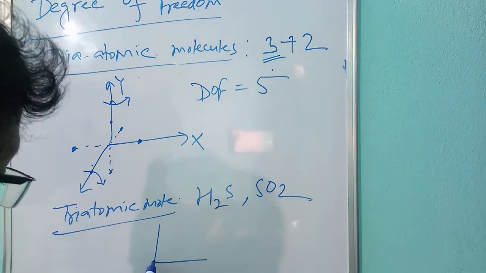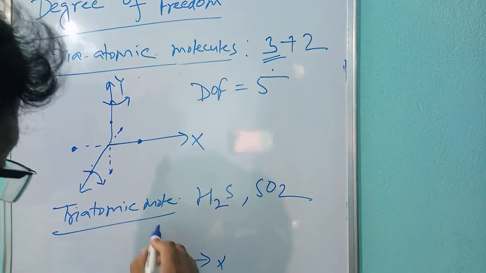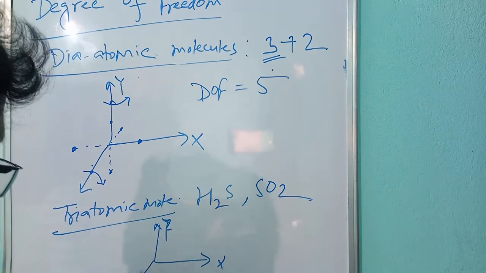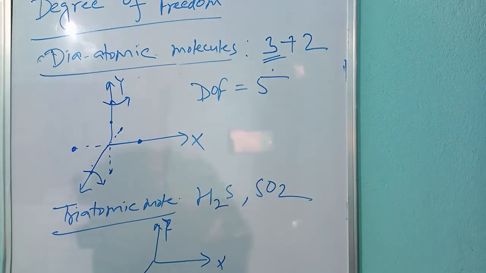So in this case what will happen, so X, Y, and this is Z. Suppose this is the molecule here and here, and it is rotating along this axis.